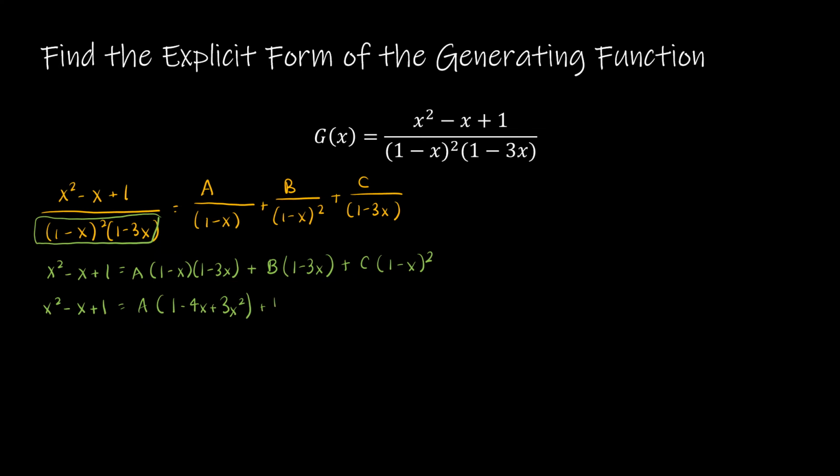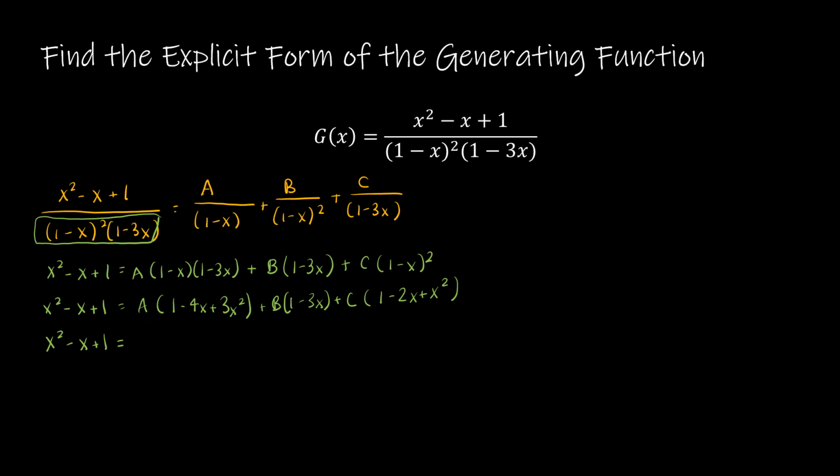I'm going to have B times 1 minus 3x, and I'm going to have C times 1 minus 2x plus x squared. Again, multiplying it out. So I'm hoping if you're watching this video, you know how to multiply binomials. All right, from here, just as I did before, we're just going to get everything together.